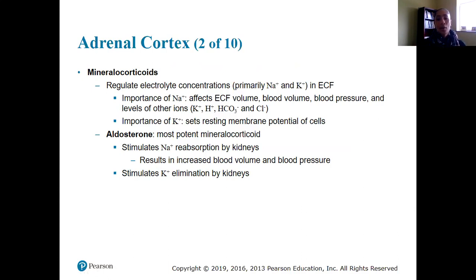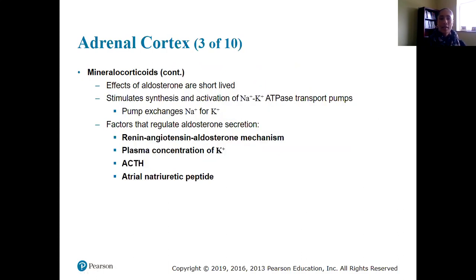It does so by helping to eliminate potassium at the kidney level, and it's also going to have other effects on the body. So aldosterone effects are short-lived, so they're not going to be long-term, but they are good at increasing blood pressure and blood volume immediately and when it needs to be done.